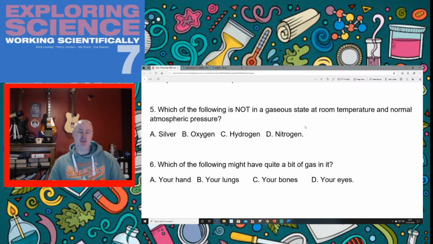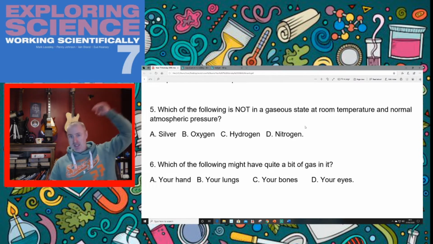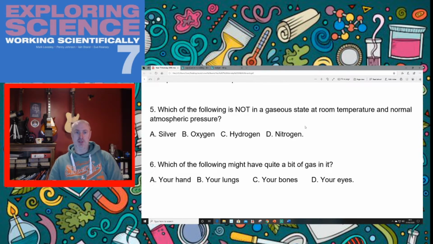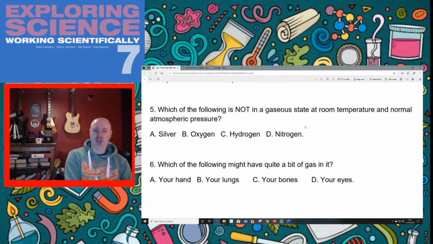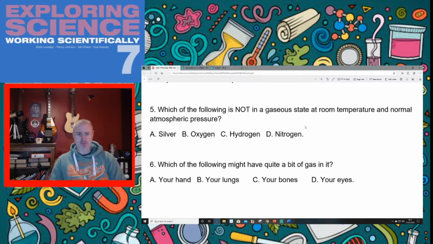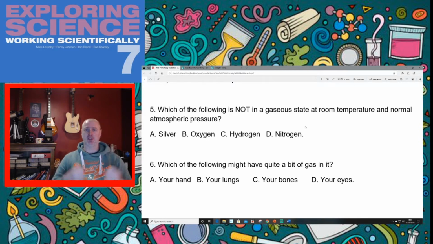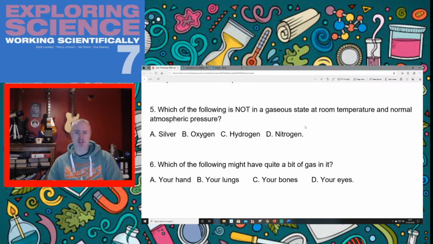And we would find out that the boiling point of silver is way above that of room temperature. So silver cannot be a gas at room temperature. Oxygen, hydrogen, nitrogen, you may well have known are gases anyway, but a quick Google of their boiling points will tell you that their boiling point is below room temperature. So by the time we get to room temperature, we have boiled and we have become a gas.